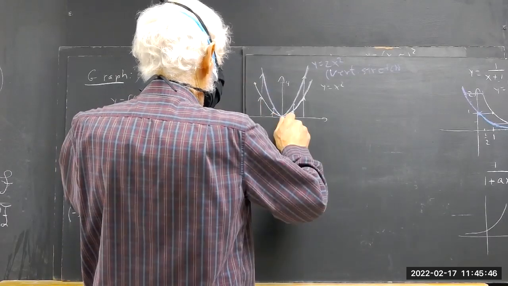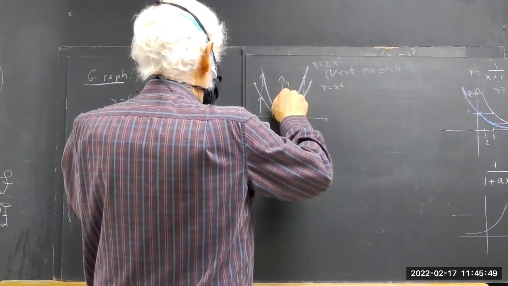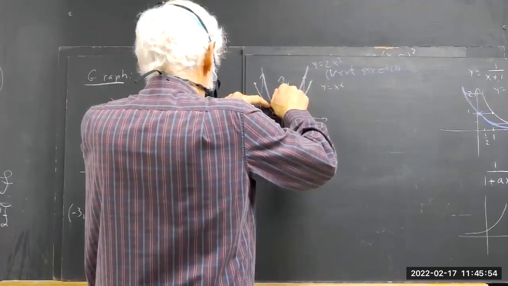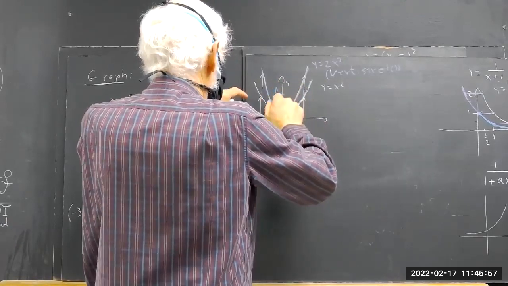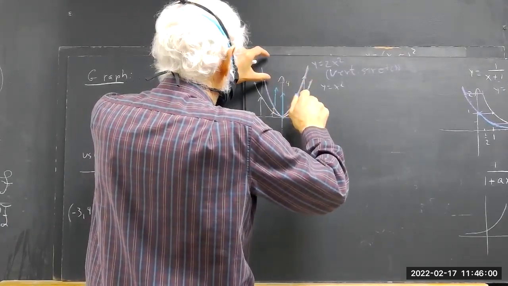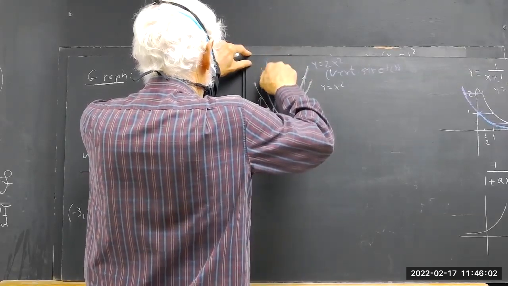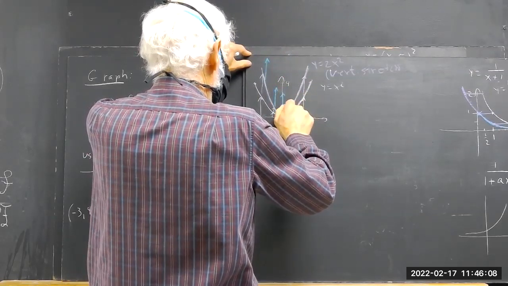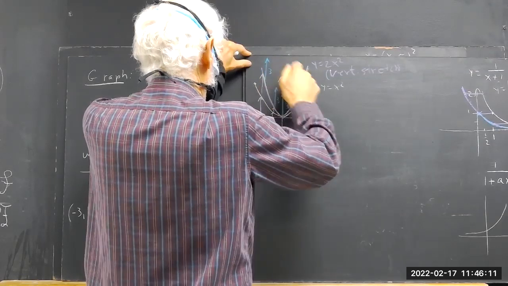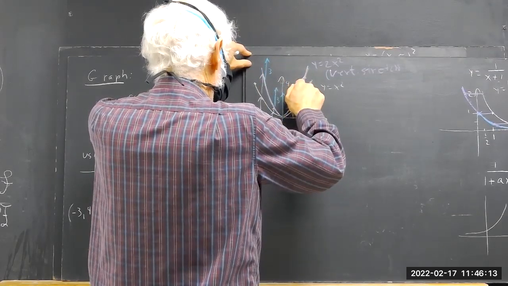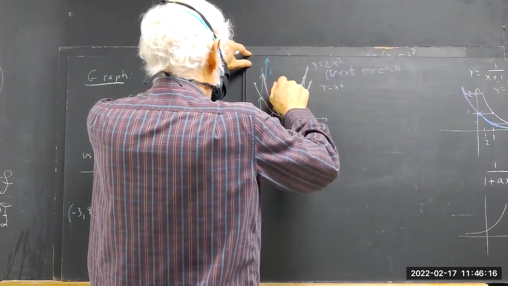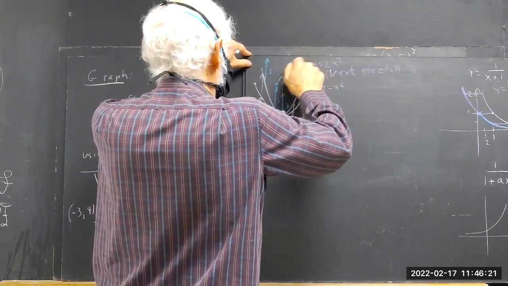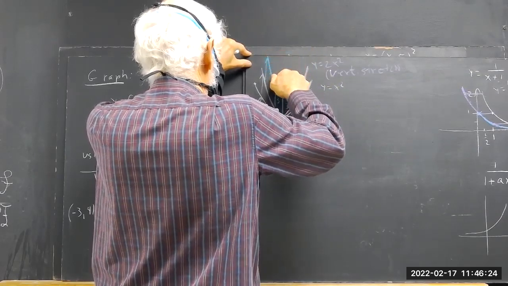We move this point up 3 units, this point up 3 units, and this point up 3 units, and now we've got a graph.